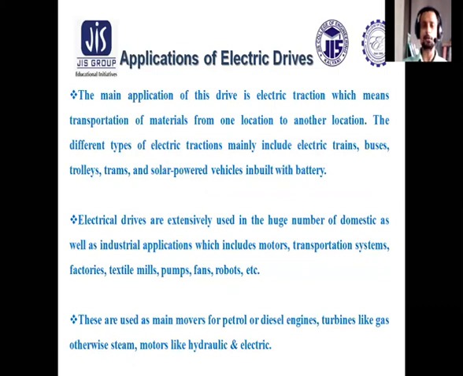The entire world is working on electric vehicles now. So once this is in the market, the transportation industry will have a huge shift from automobiles to electric vehicles.